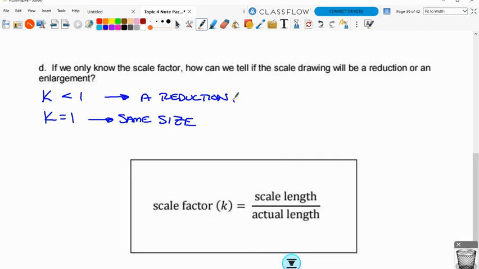We also had a scale factor of 2 with the sticker. The sticker was an enlargement because the sticker was bigger than the original sketch. Since 2 is bigger than 1, if your scale factor is bigger than 1, this would be an enlargement.